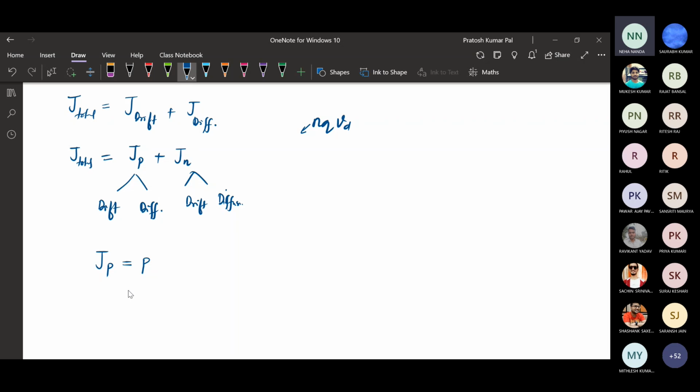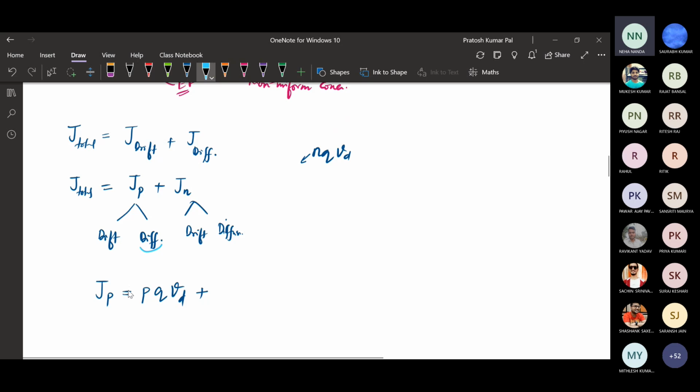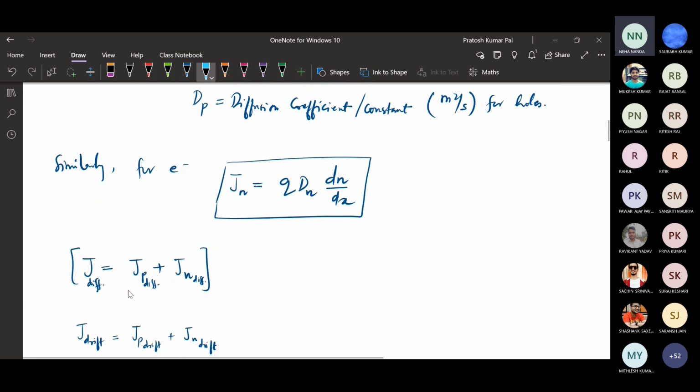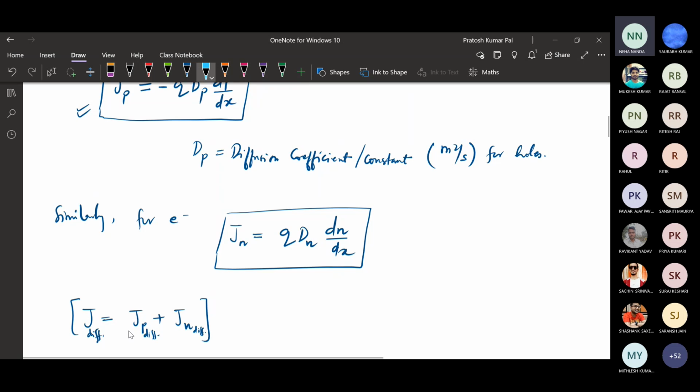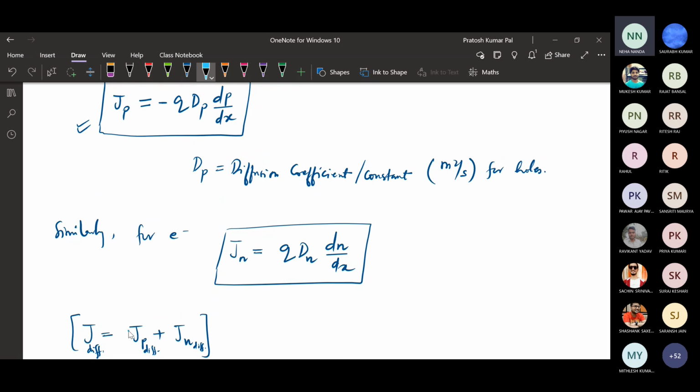So pqvd will be the drift, plus after drift we can find the diffusion. As we have seen above, in case of diffusion it is given by minus q dp.